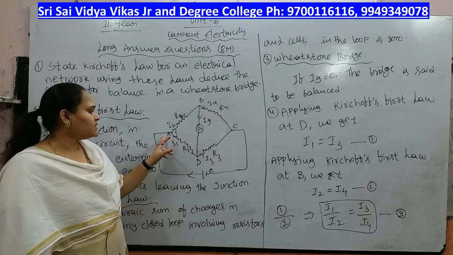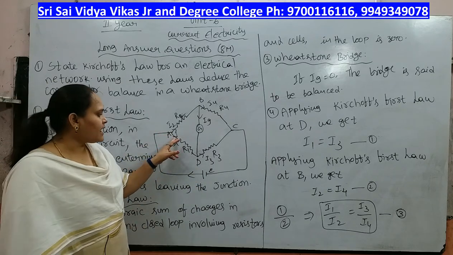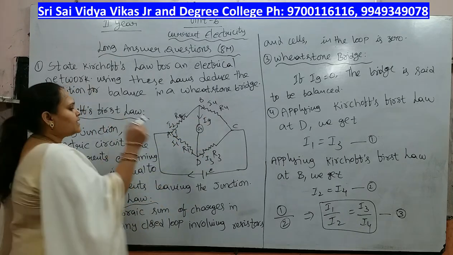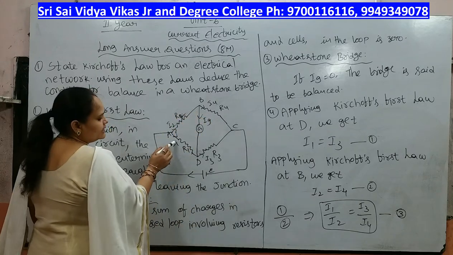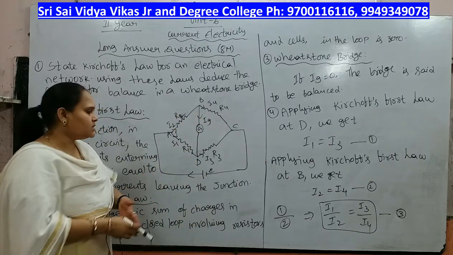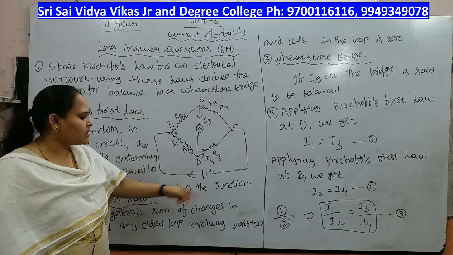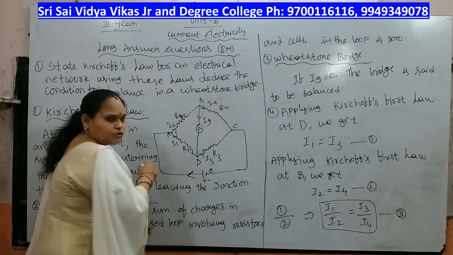We give power supply to our Wheatstone bridge, and in this there are currents I1, I2, I3 and I4. The currents I1 and I3 are flowing in the downward direction, and I2 and I4 in the upward direction. This is the plus terminal and this is the minus; the current flows from positive to negative.